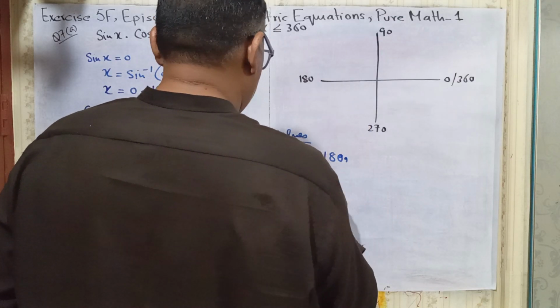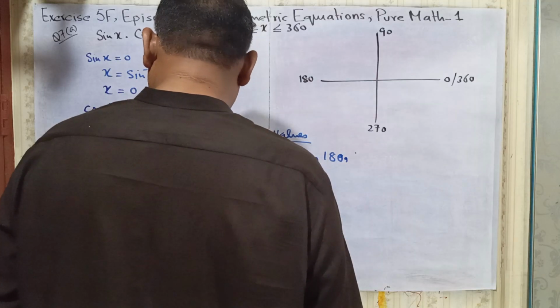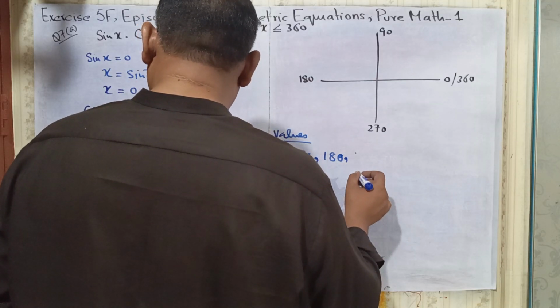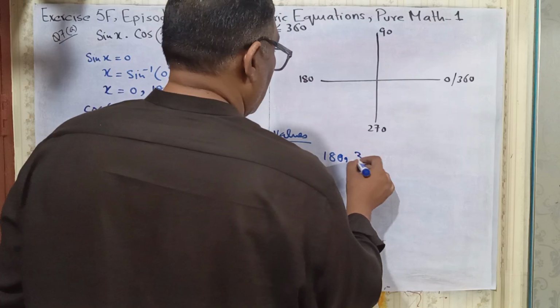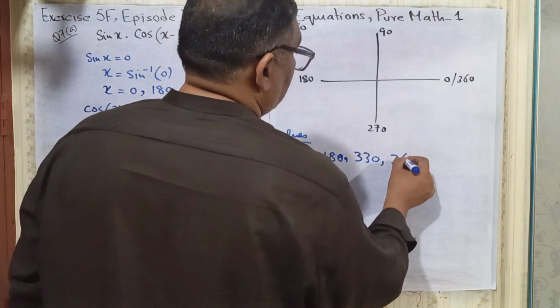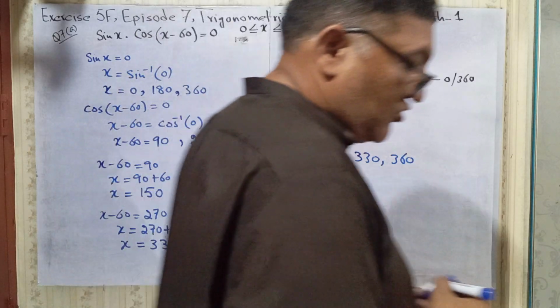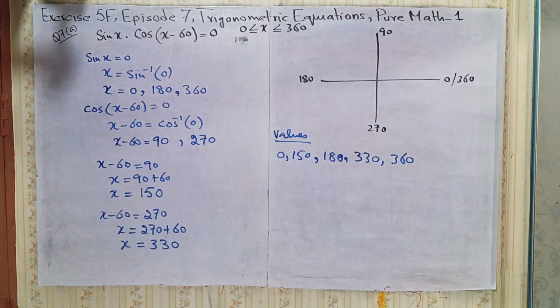Then we have 330 and 360 as well. Okay, so these are the values.